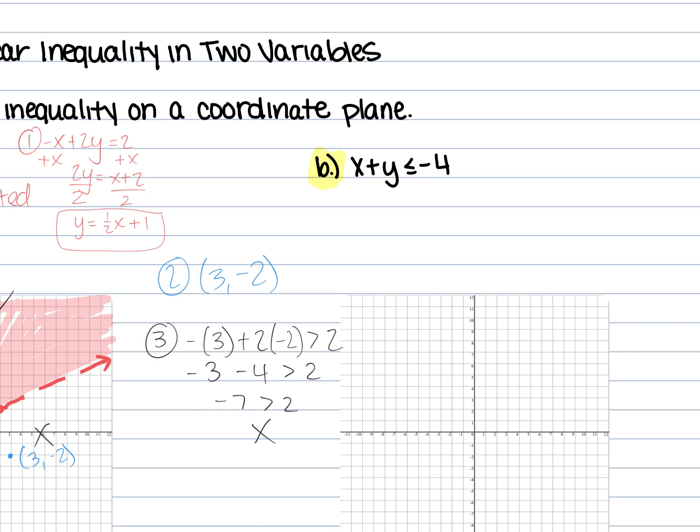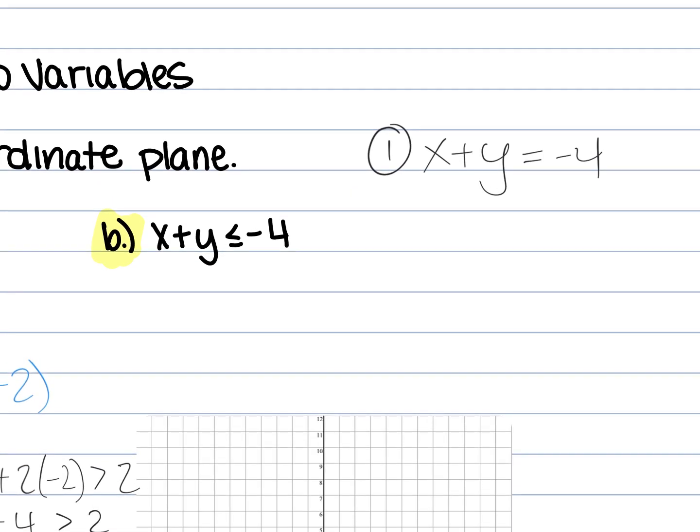All right, in B, let's do our same steps. What was step number 1? Caden. Good, an equal sign. So x plus y equals -4. What would you do from there, Caden? Subtract the x. What do you get?